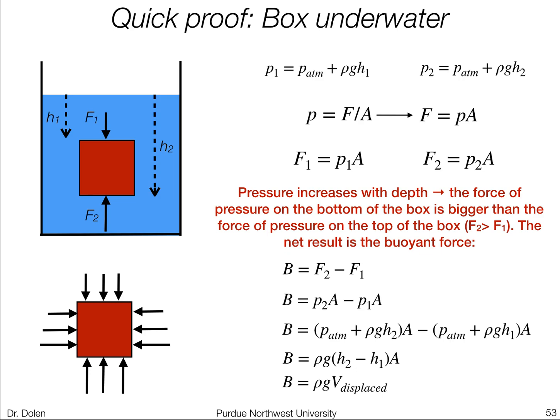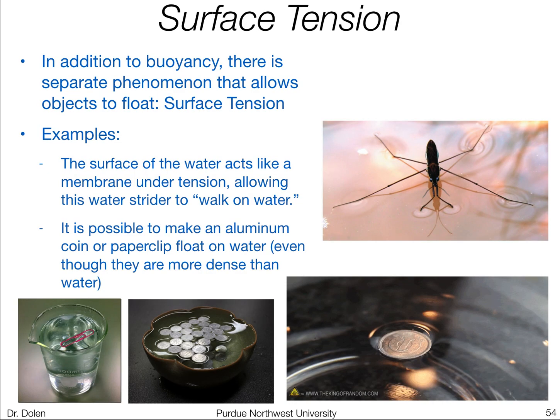And just one other quick idea here. There's one other idea that leads to objects floating, which isn't a result of buoyancy, and that is surface tension. So in addition to buoyancy, there's a separate phenomenon that allows objects to float. We're not really going to go into the math of surface tension, but it is really interesting.